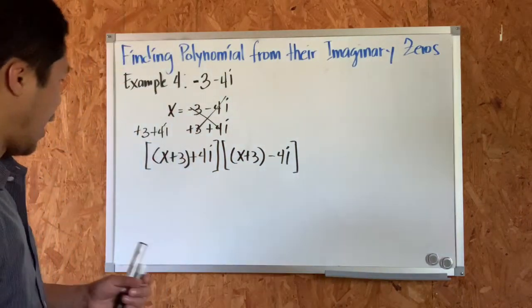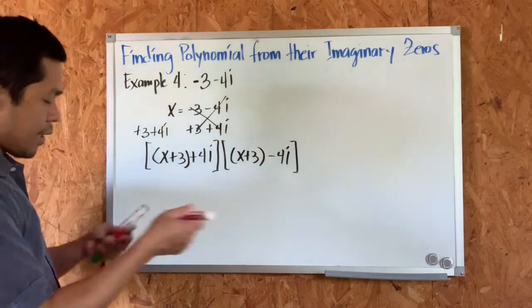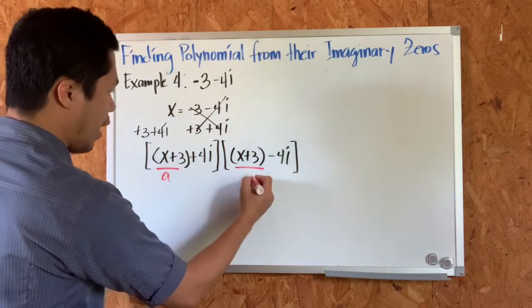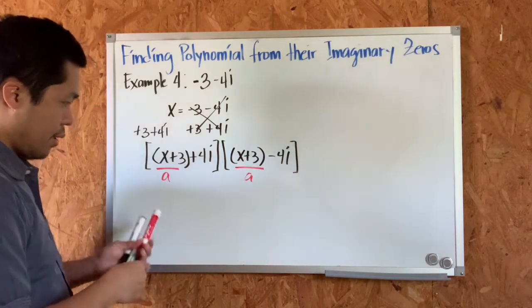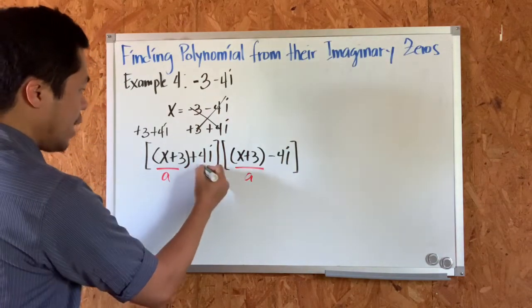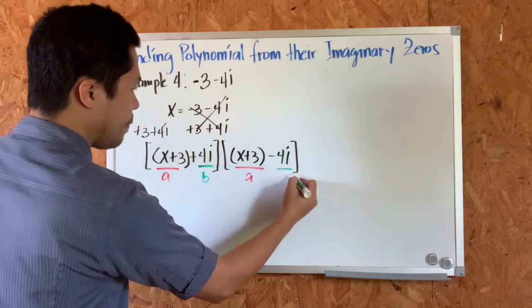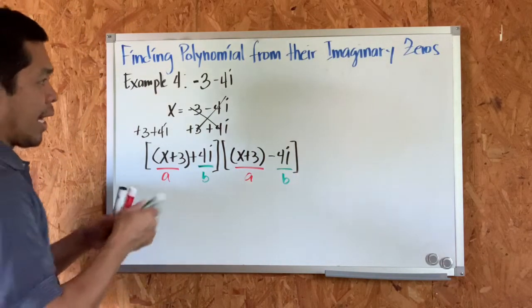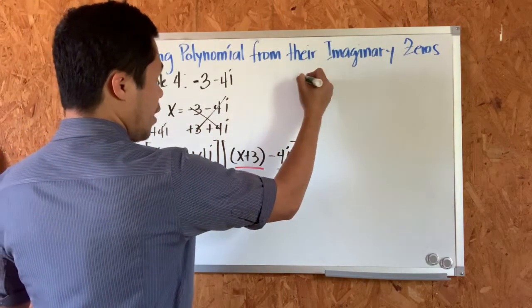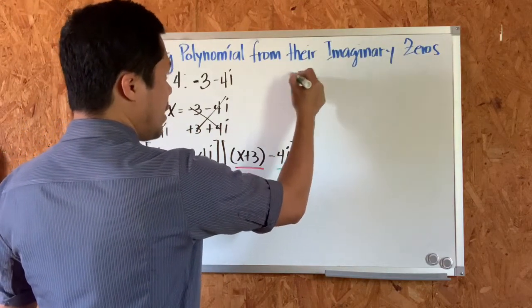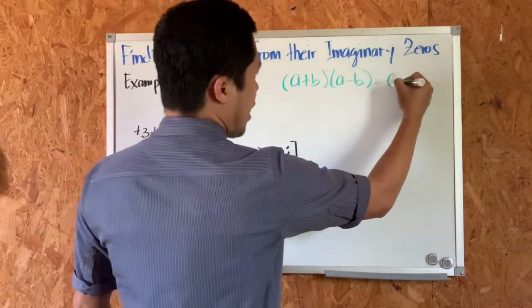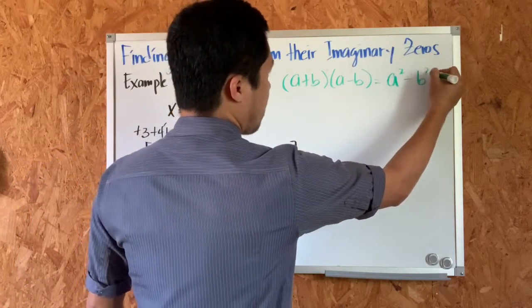So again, if you remember the identity, this is our a, and this is our b, 4i. If we multiply a plus b times a minus b, that is the same as a squared minus b squared.